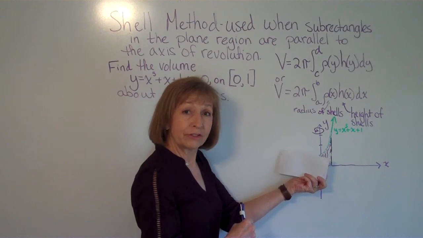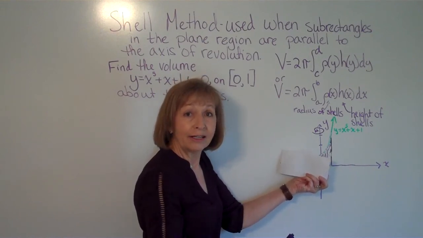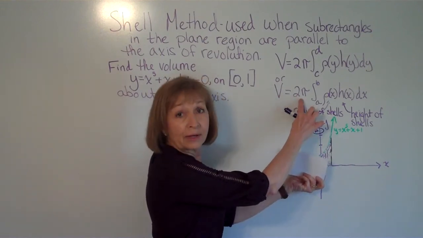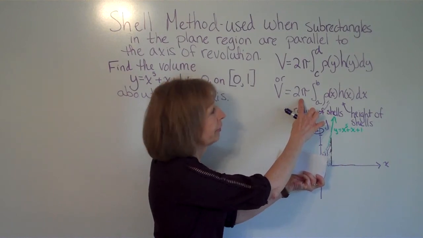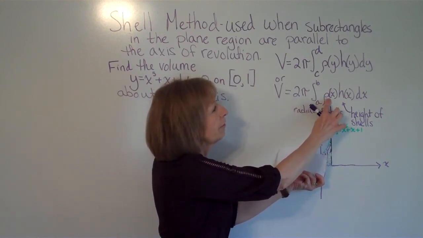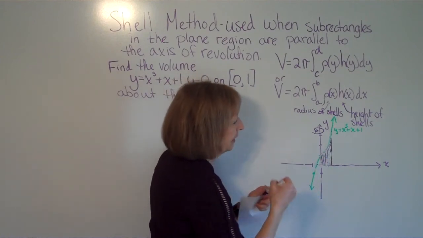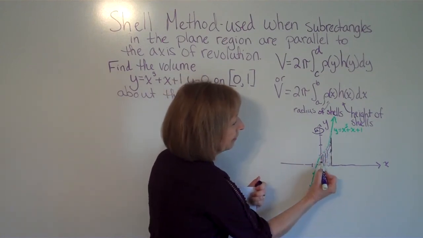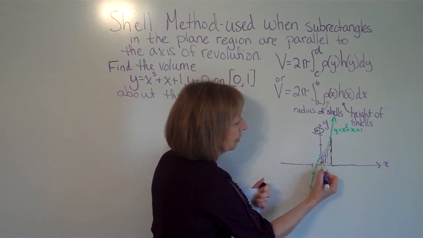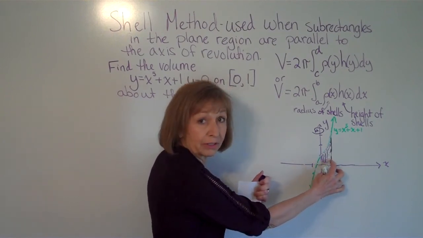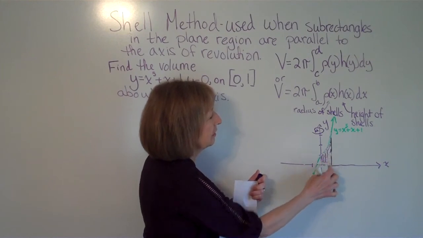Remember, the circumference of a circle is 2 pi r, so 2 pi is a constant factor out in front. And this rho of x or rho of y, whichever case we have, is the radius that reaches from the axis of revolution out to those subrectangles, so it has to work its way across the span that you have.